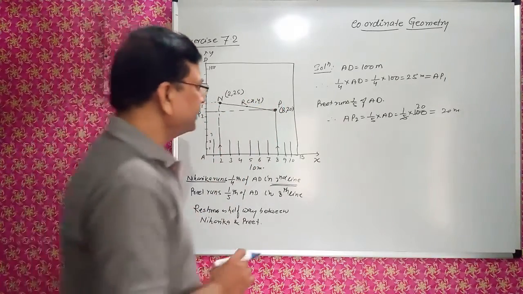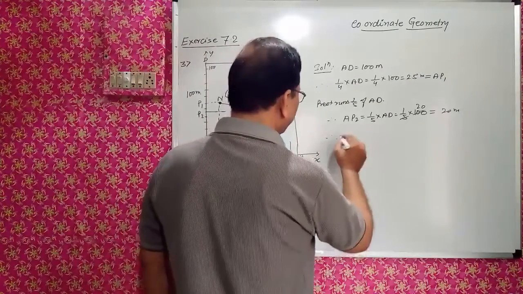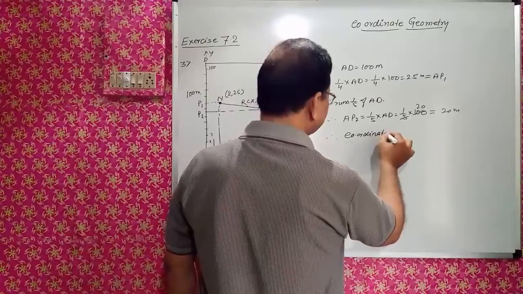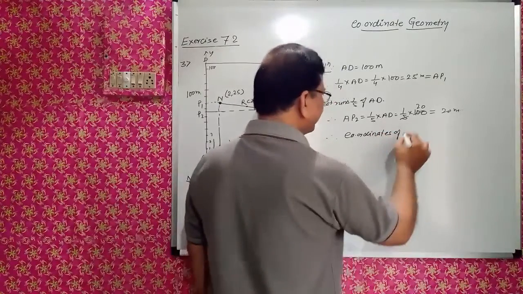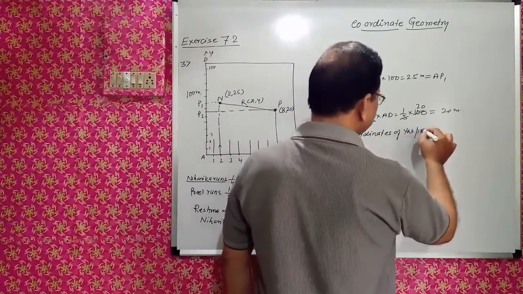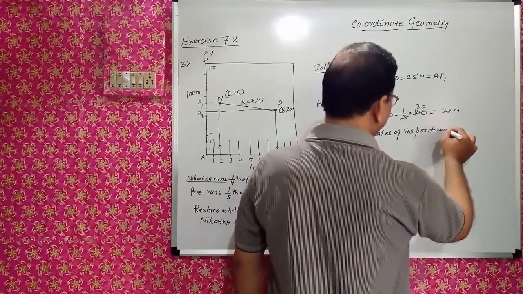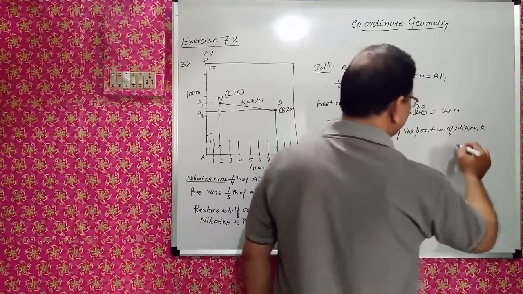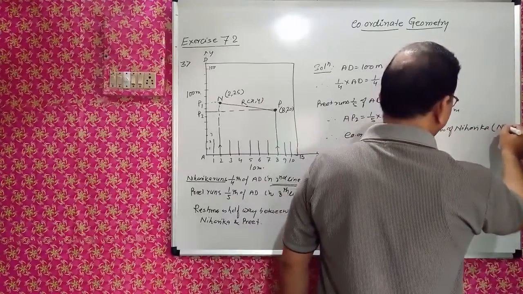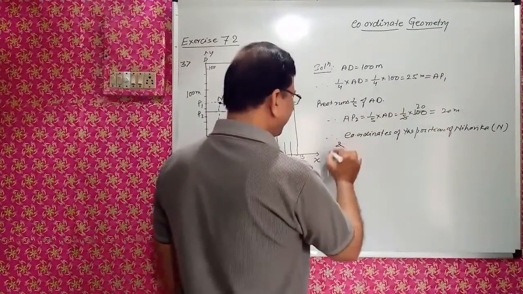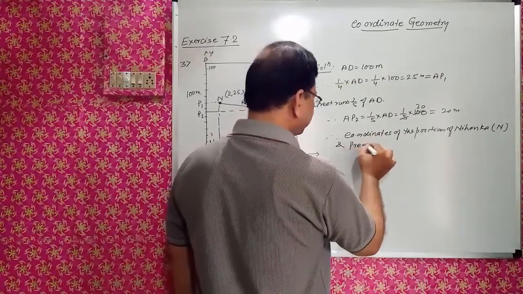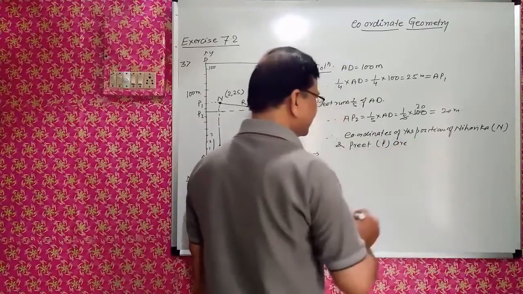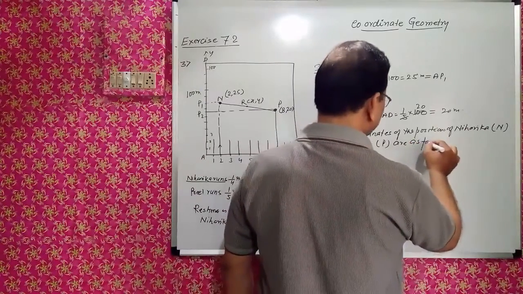So we know, therefore, the coordinates of the positions of Niharika, that is N, and Preet, that is P, are as follows.